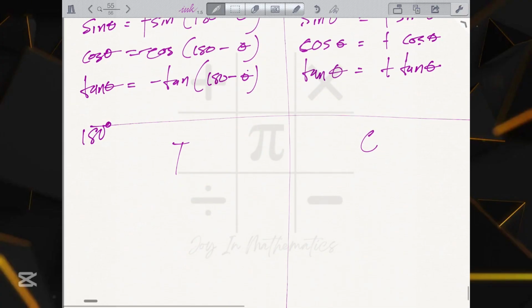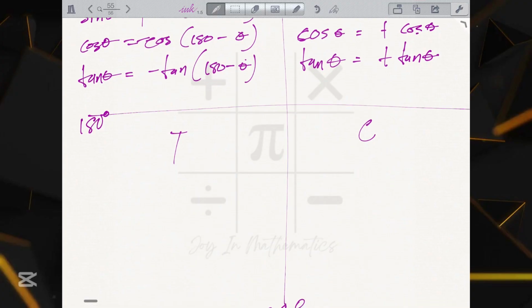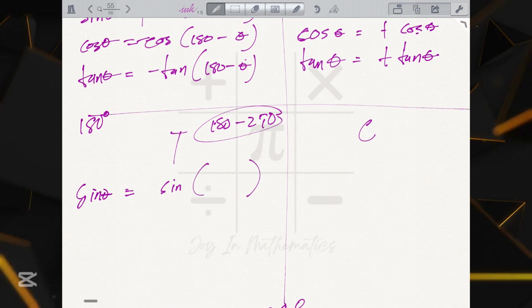Now, moving on to the third quadrant, we know that it is from 180 degrees to 270 degrees. So we know that sine theta is equal to sine of the acute angle. What is the acute angle formula for the third quadrant? Yes, you guessed right. It is theta minus 180 degrees.